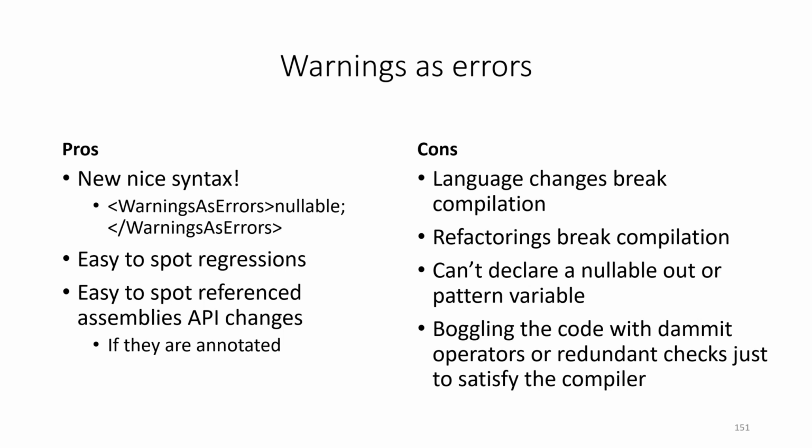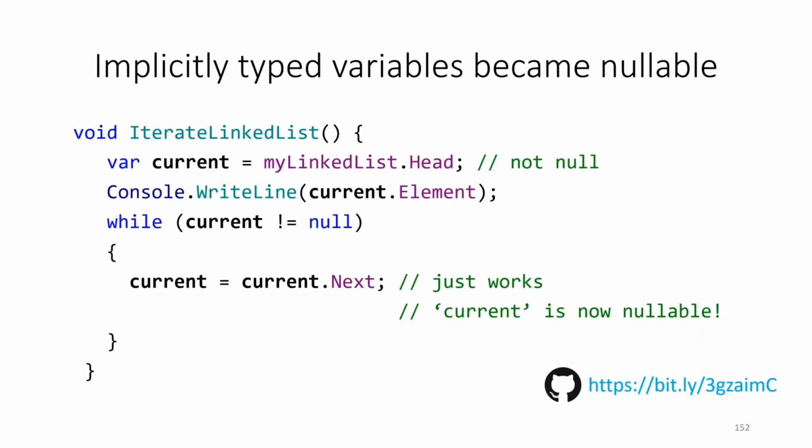Sometimes you won't be able to declare a variable you want because it will be not nullable, and you are risking bloating your code with dammit operators or redundant checks just to satisfy the compiler. So there are a couple of examples I found on Roslyn's GitHub issues. First of all, remember this simple change: implicitly typed variables became nullable.